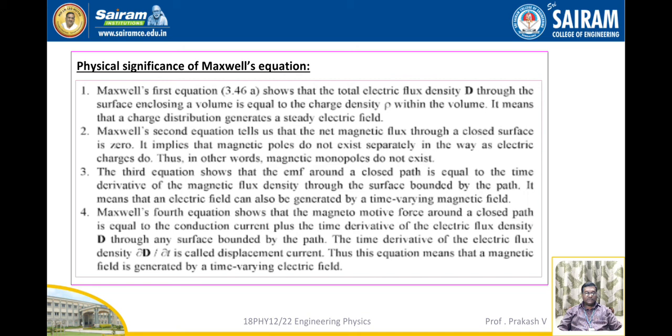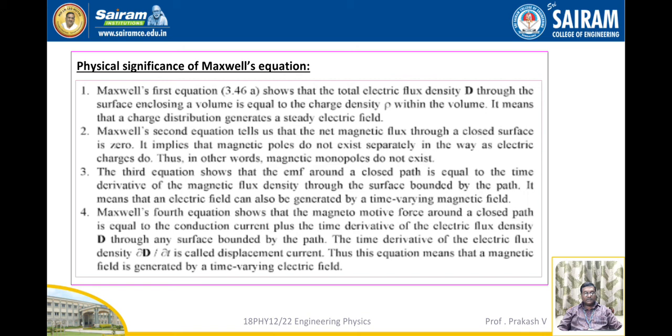Maxwell's first equation shows that the total electric flux density D through the surface enclosing a volume is equal to the charge density rho within the volume. It means that a charge distribution generates a steady electric field.